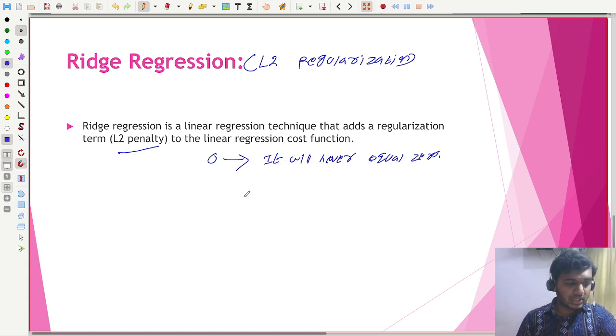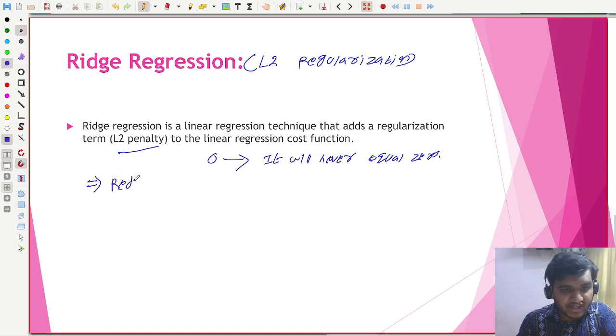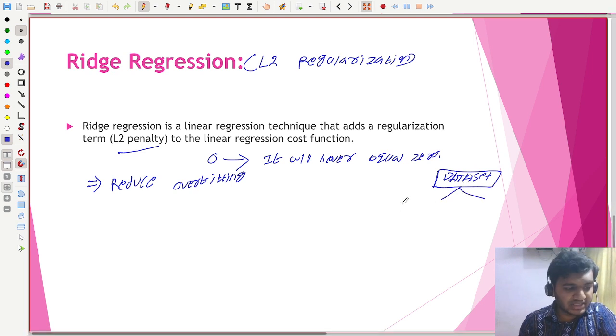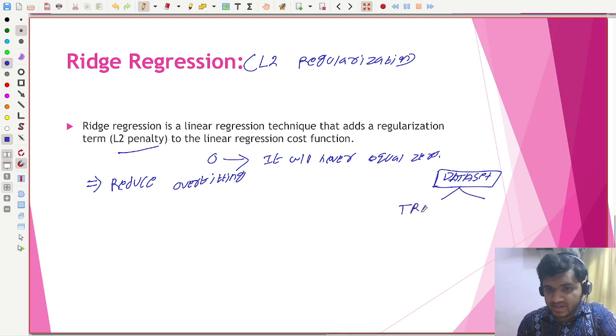So we discuss ridge regression. It is generally used to reduce overfitting. Suppose this is your dataset. You divide the dataset as training and testing.